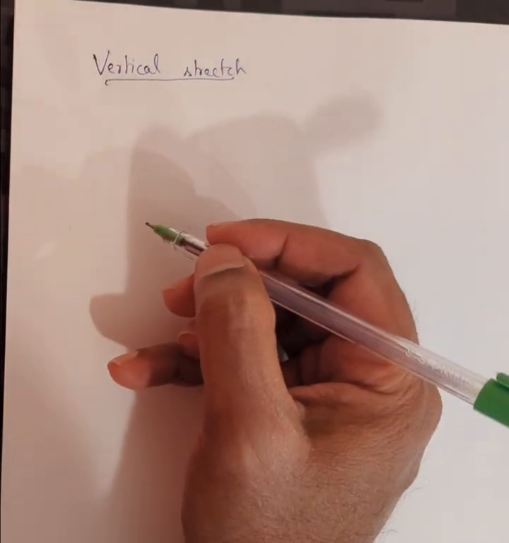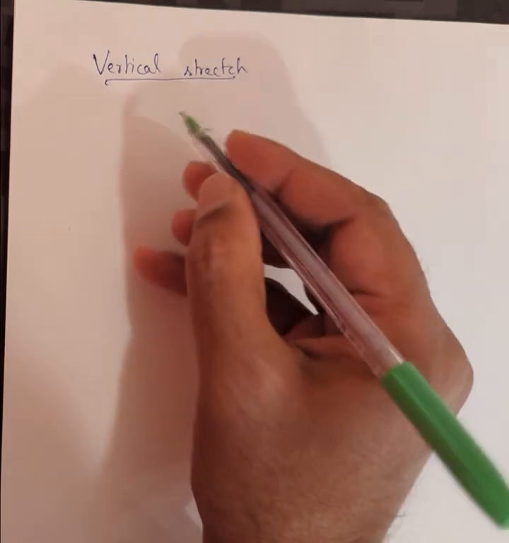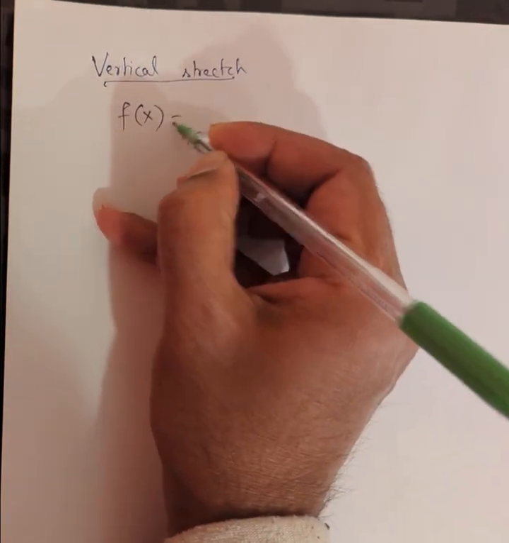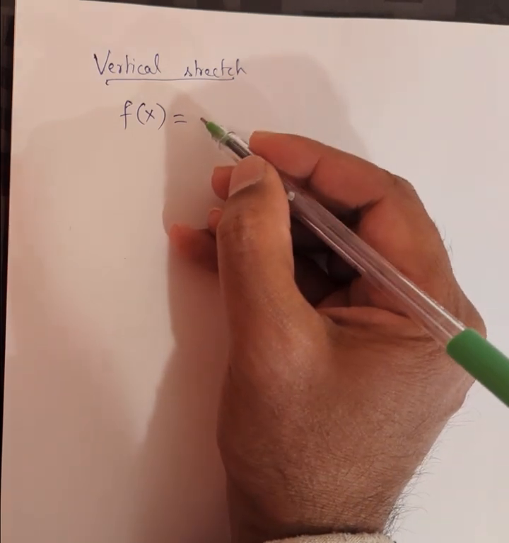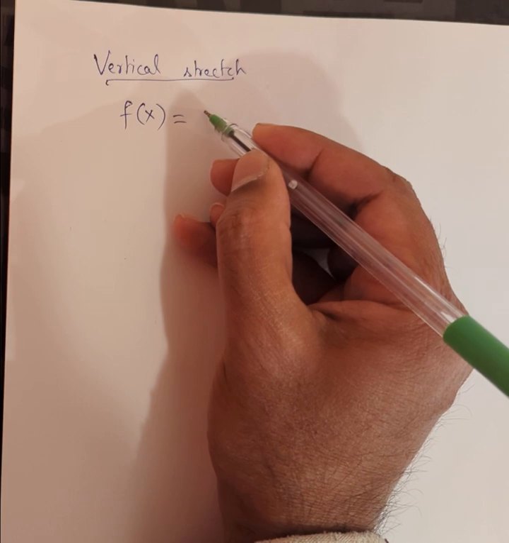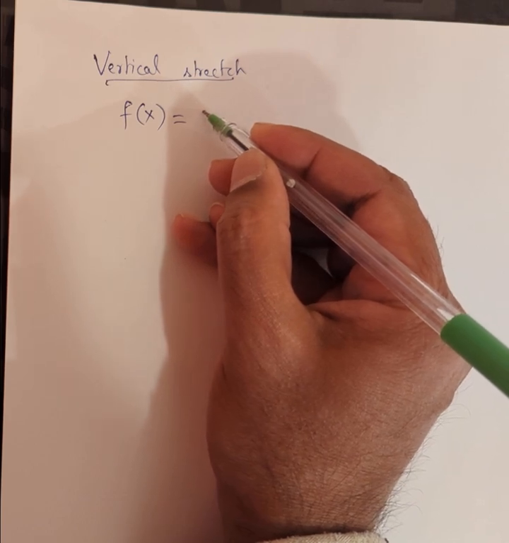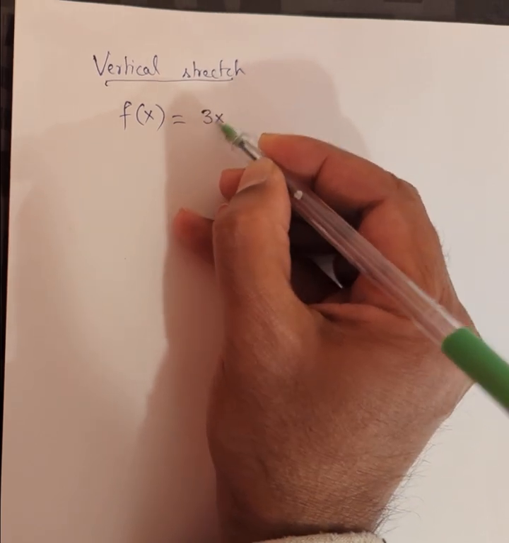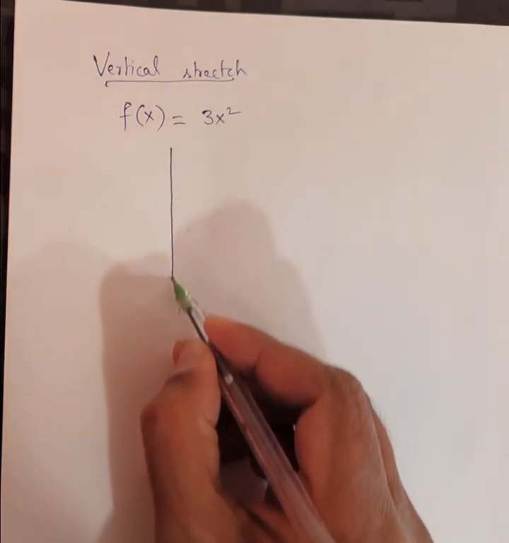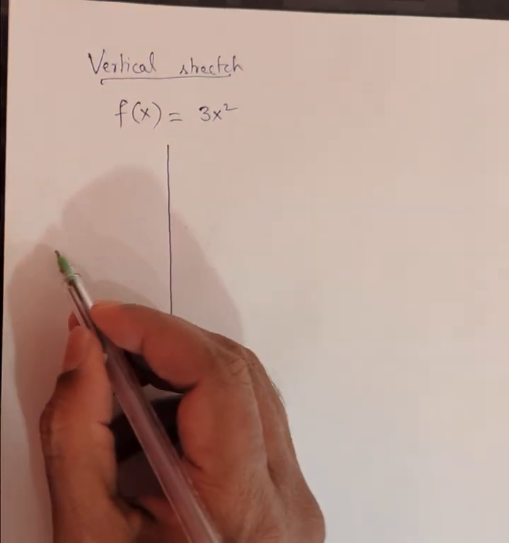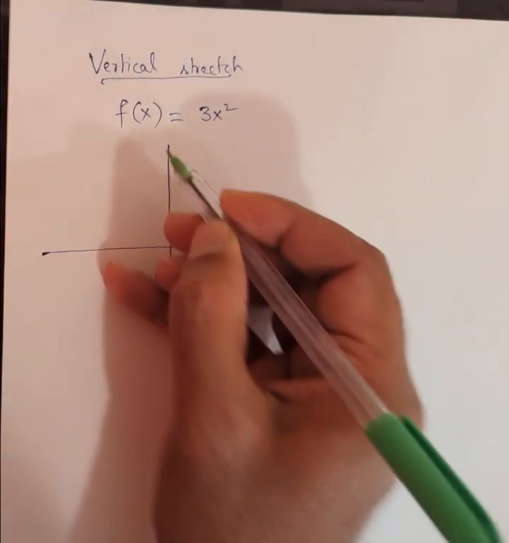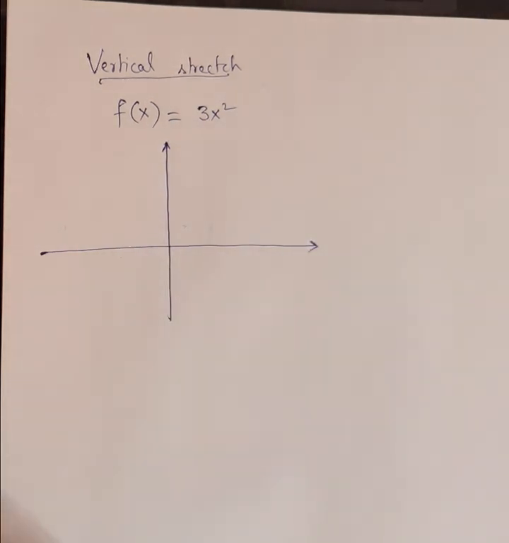Now for vertical stretch, how does it look? If I have a coefficient in front of x squared, so say 3x squared, then I need to draw the graphs of both x squared and 3x squared. So let me draw in different colors.